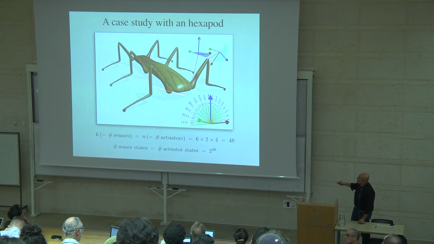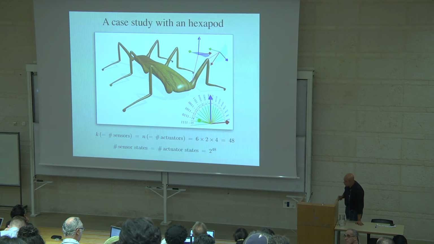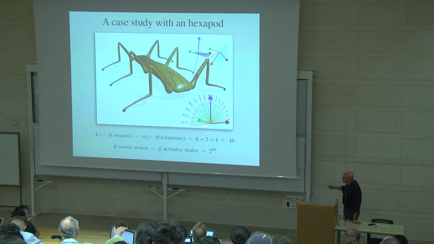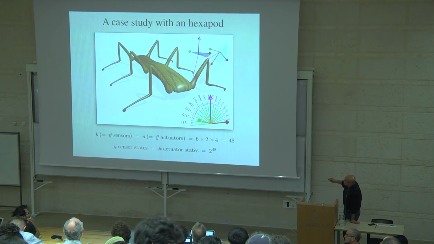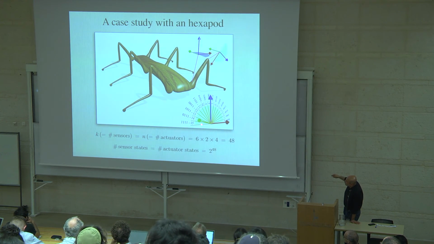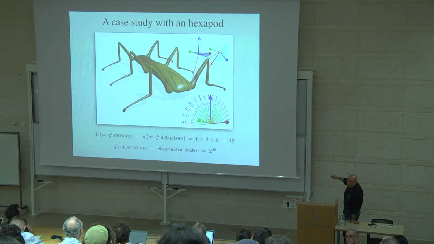This is the robot that we are working with. The robot has 6 legs. Each leg has 2 degrees of freedom, the shoulder and the knee. Each angular range is discretized into 16 states, which is modeled in terms of a binary vector of length 4.